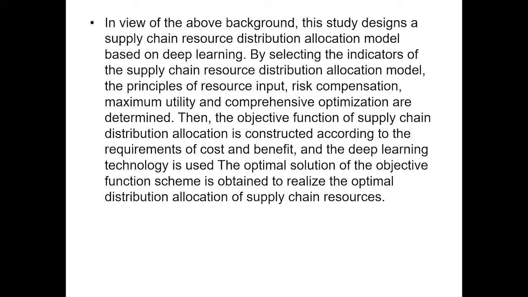Then, the objective function of supply chain distribution allocation is constructed according to the requirements of cost and benefit, and deep learning technology is used to obtain the optimal solution of the objective function scheme to realize the optimal distribution allocation of supply chain resources.